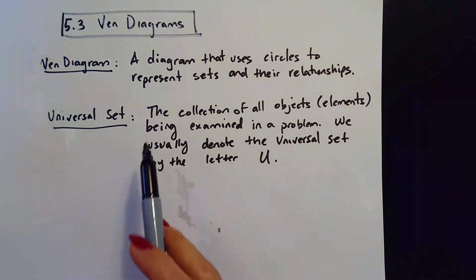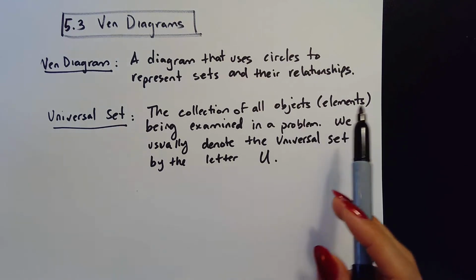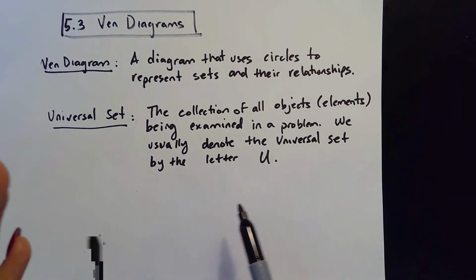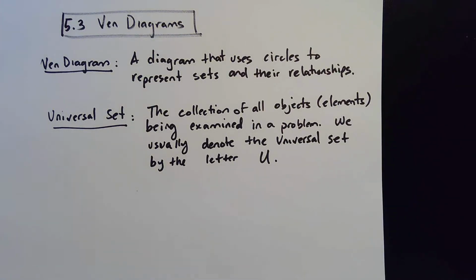And the universal set is a collection of all objects or elements being examined in a problem. We usually denote the universal set by the letter U, usually uppercase, so it's capital U. Okay, so we are going to do some of these problems here for you guys, so you have a model.